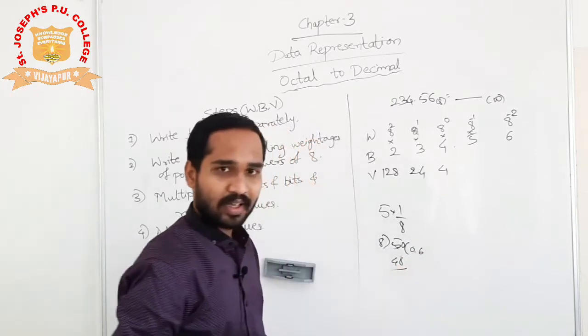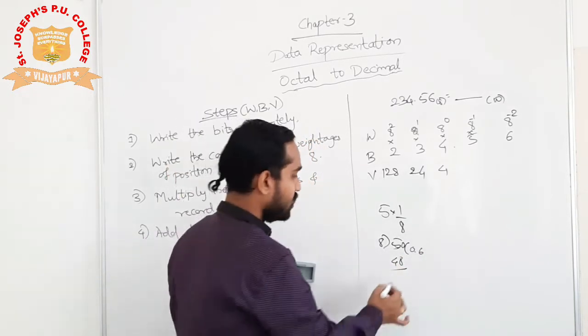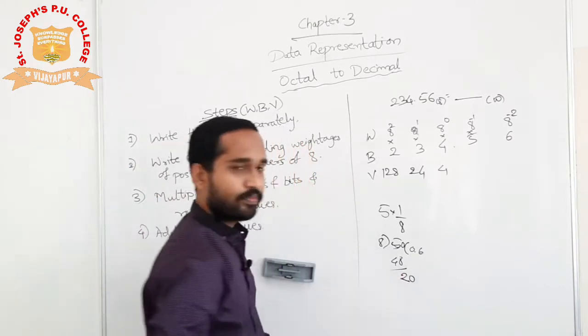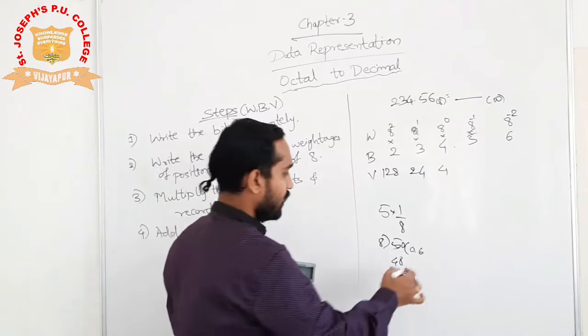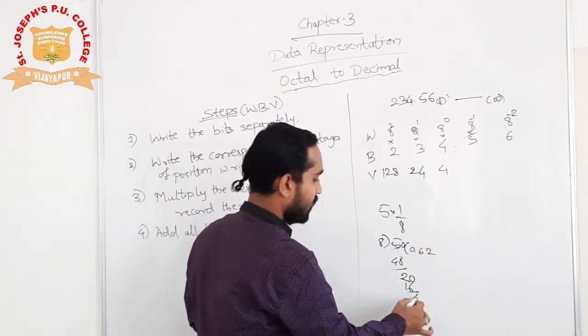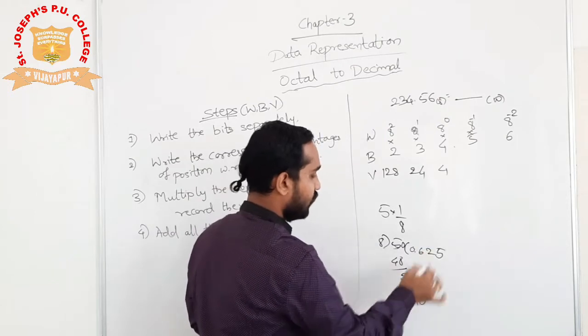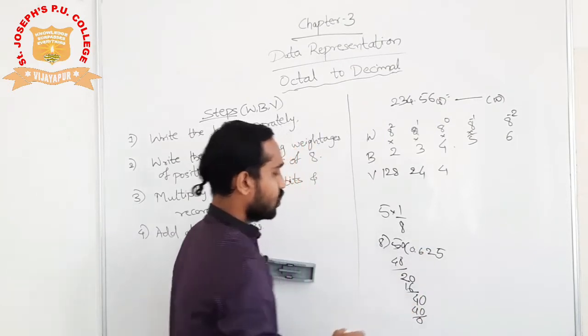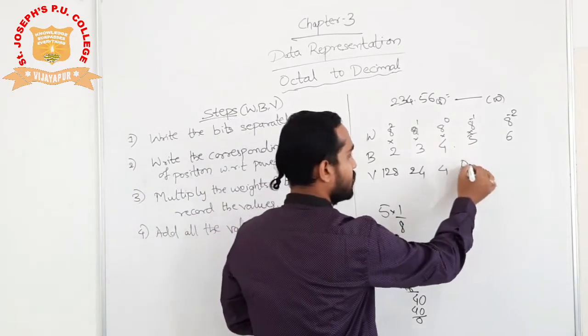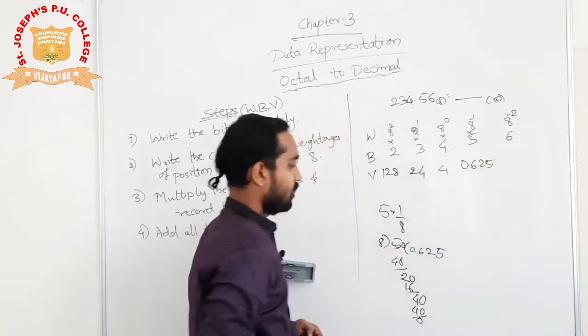Correct? 48, then 2 remains, you take 20, correct, then 8 2s are 16, okay, 4 remains, then 0, 8 5s are 40. So this 5 by 8 will be 0.625. Is that fine?